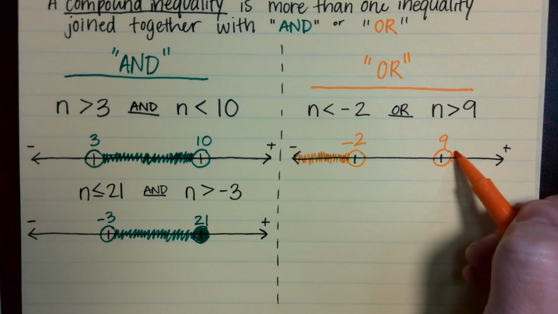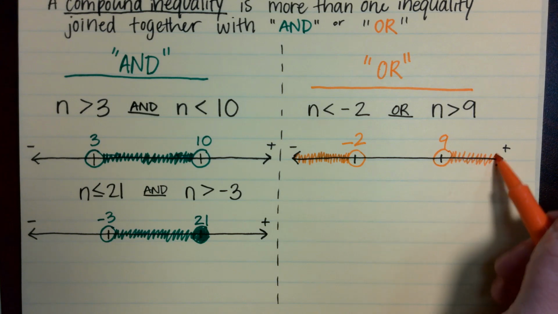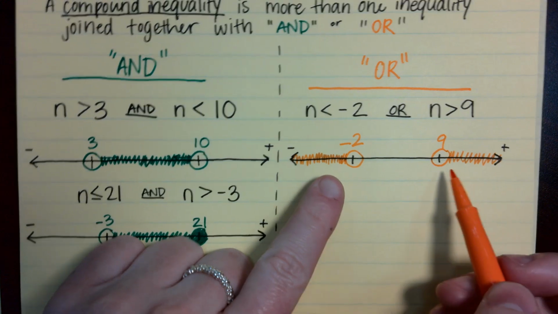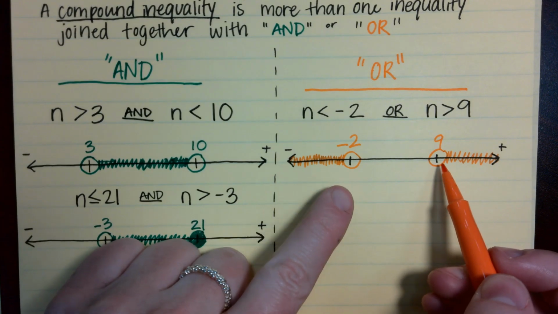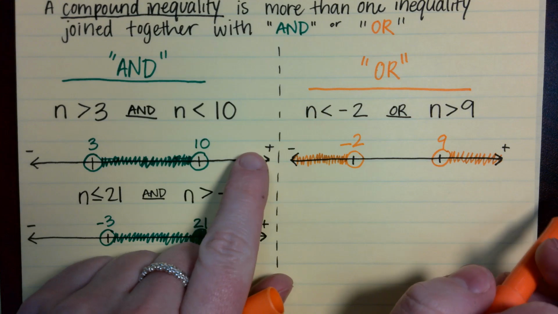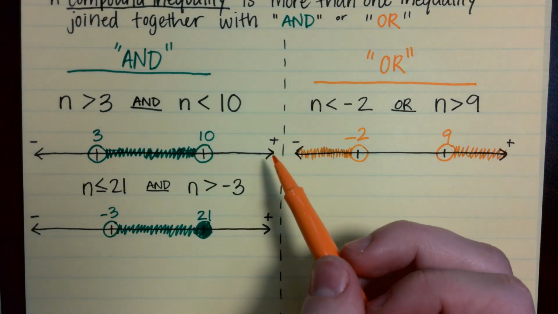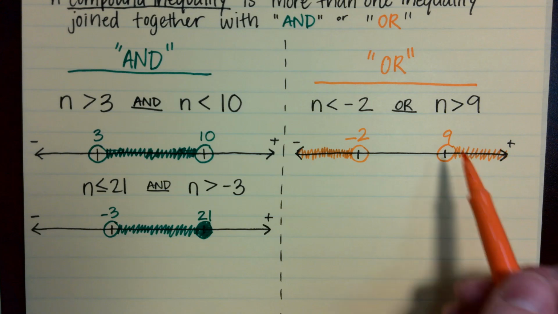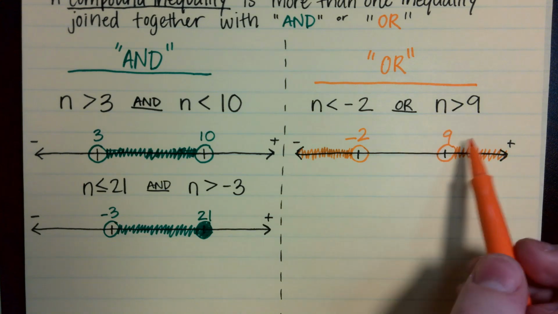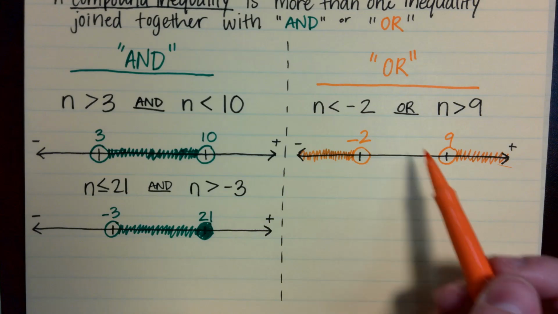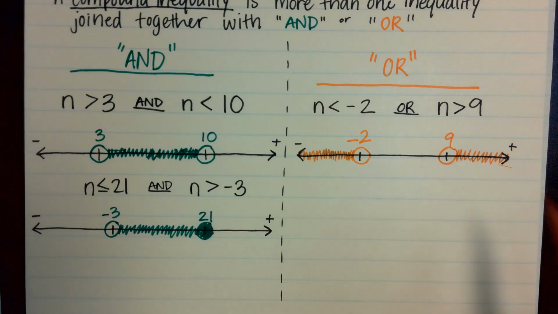To the right. Very good. So with our OR inequalities, we're going to have answers that shade opposite directions of each other. They're going to be facing outside of each other. That means any number smaller than -2 can be in, or any number that is bigger than 9 can be in. Anything in between those numbers will not work.